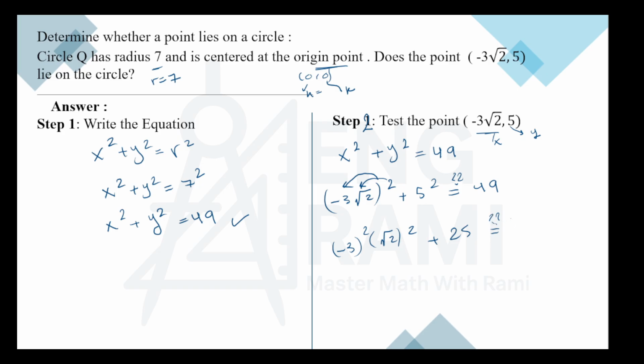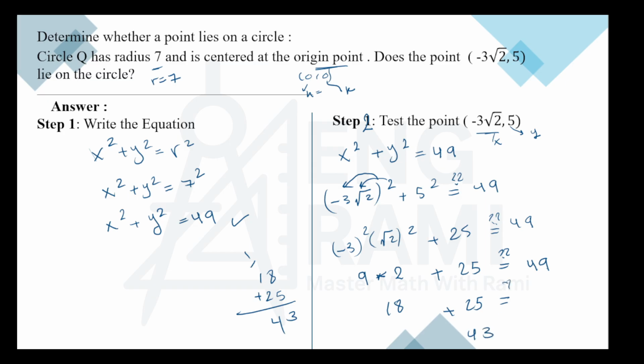Does it equal 49? (-3) squared equals 9. Multiply by square root of 2 squared, which equals 2, plus 25. Does it equal 49? 18 plus 25, which equals 43, which is not equal to 49.